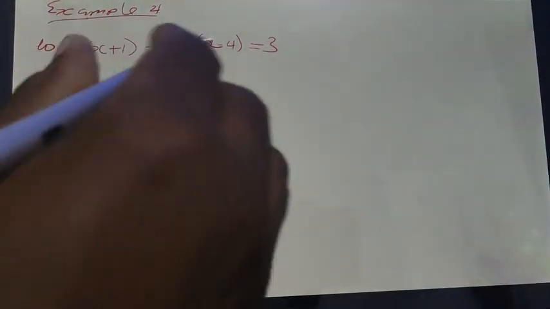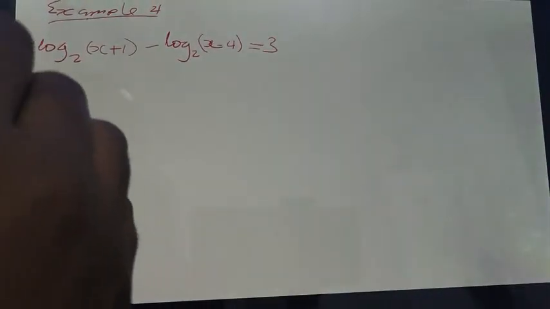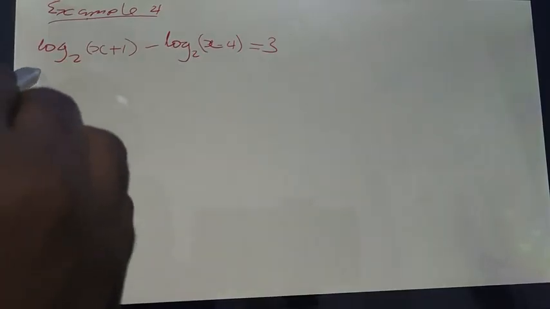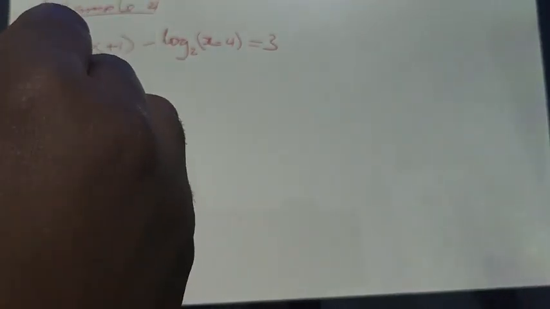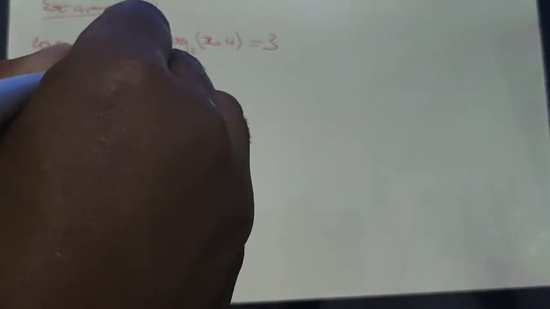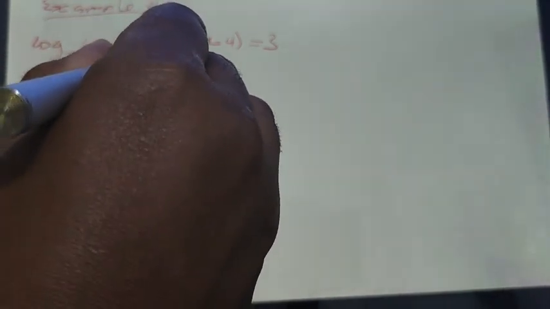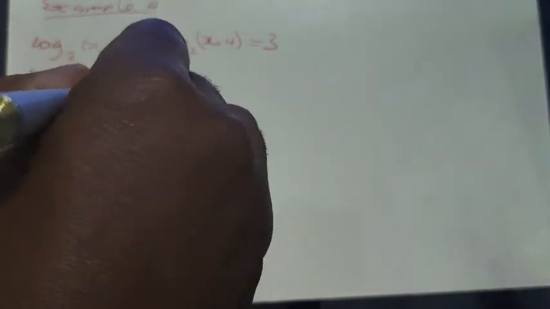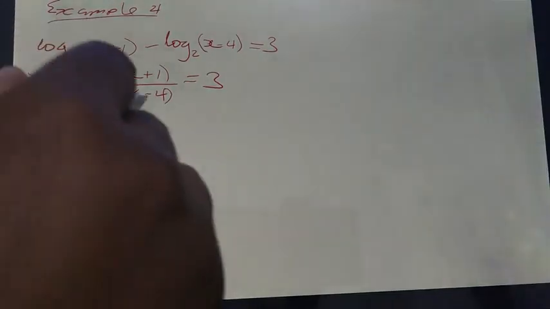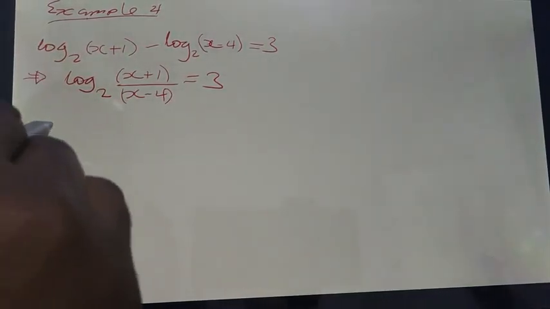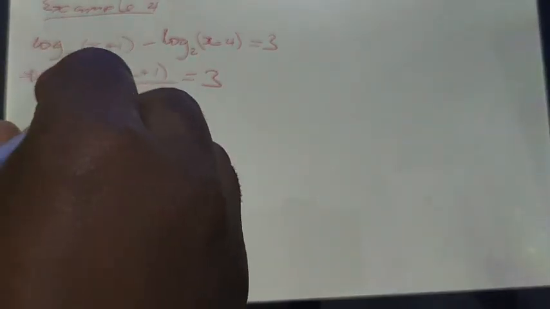Okay, so in this one, there is a form whereby we have to simplify it. For us to simplify it, this one they are subtracting, so we are going to use a division rule. So if we apply the division rule, it will be (x plus 1) over (x minus 4). Please go and check those rules. Is equal to 3. So this one is a simplified one. So I'm going to write it in a form of an exponential equation.